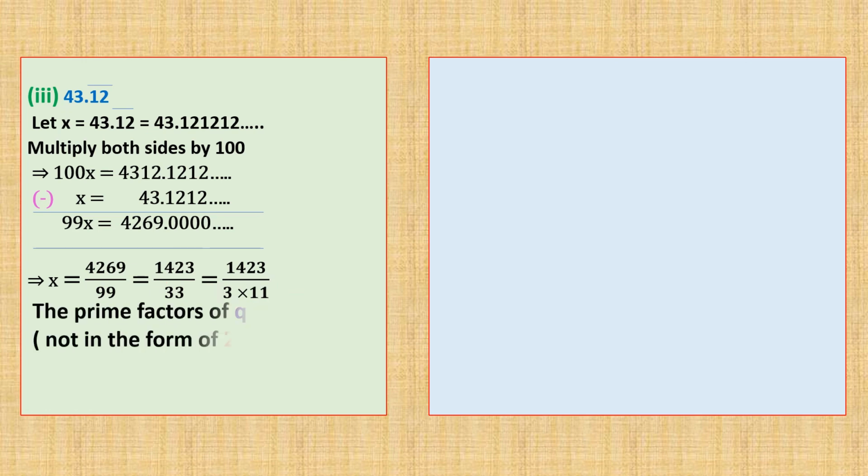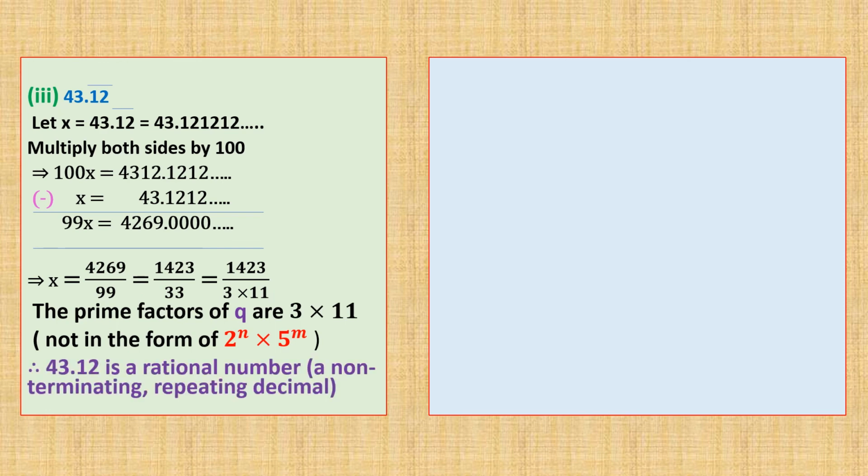So as q is not in the form of 2 power n into 5 power m, it is not a terminating decimal. Simple. First take the bar and see how many digits it is for. Multiply both sides with that many zeros.